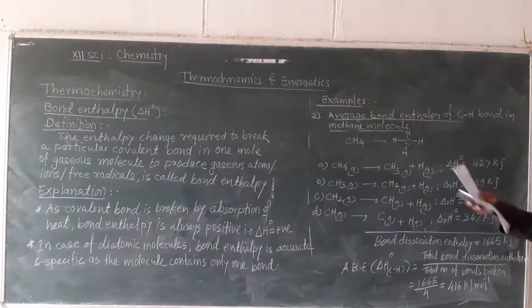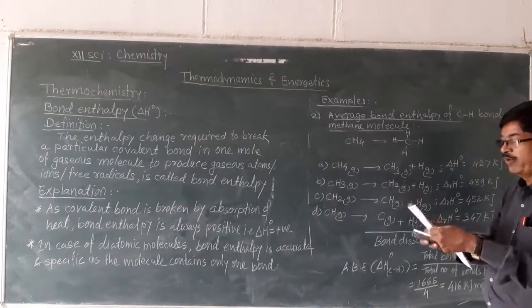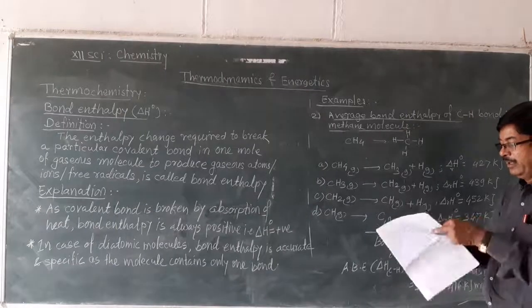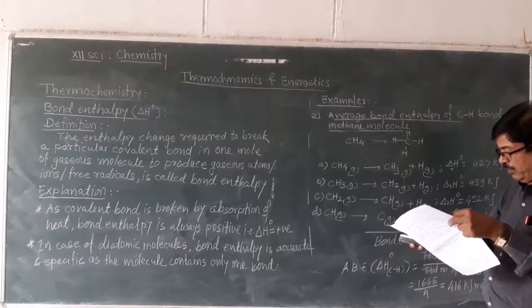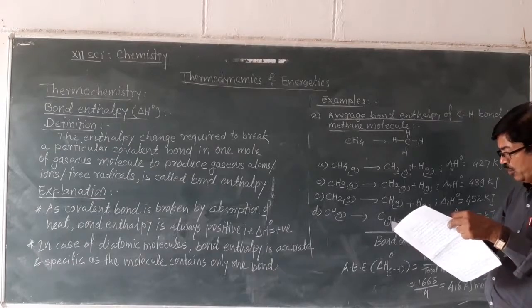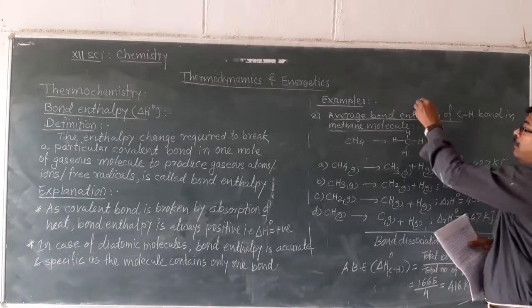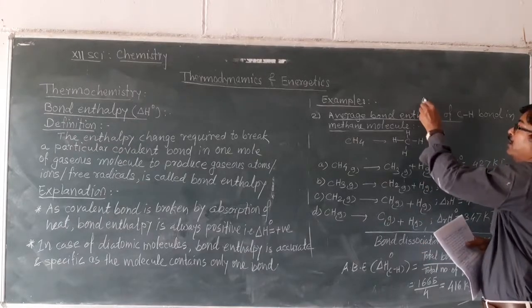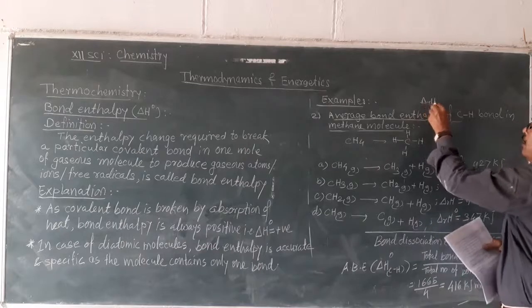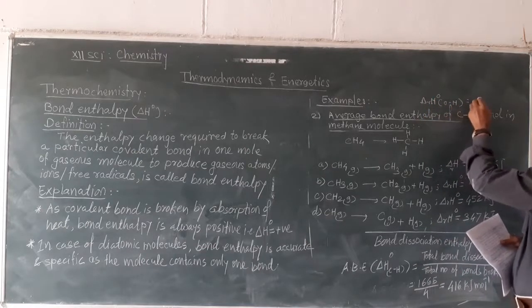In the previous example, bond enthalpy of the O-H bond we have calculated. It is 463.5 kilojoule per mole. First of all, bond enthalpy of the O-H bond, we have seen it.